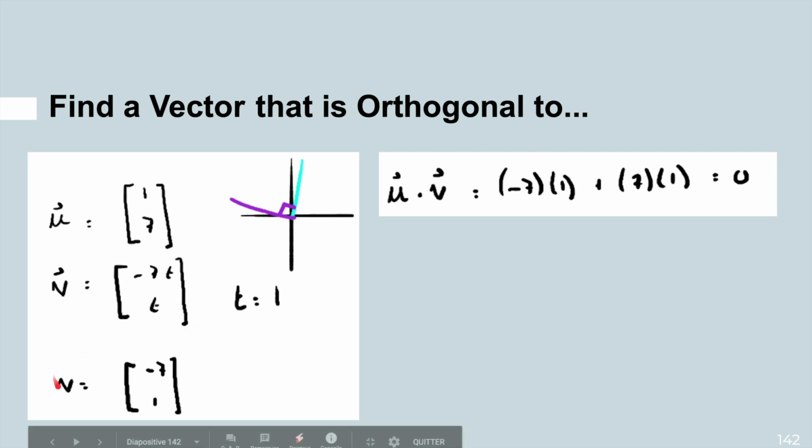So if t is 1, vector v is (-7, 1). If we were to draw it in purple, it looks like this, and we can see that they are perpendicular to each other. Just to make 100% sure that we are right, we're going to dot them together. So u dot v is equal to negative 7 times 1 plus 7 times 1, and that is equal to 0.